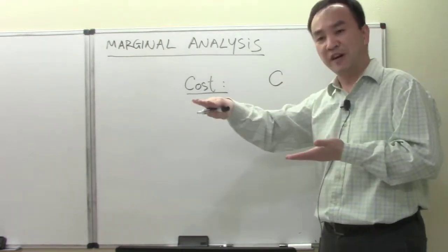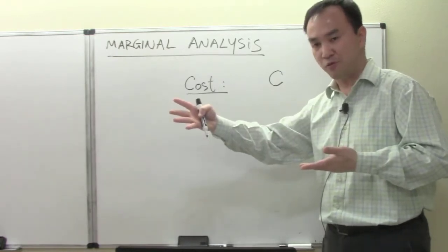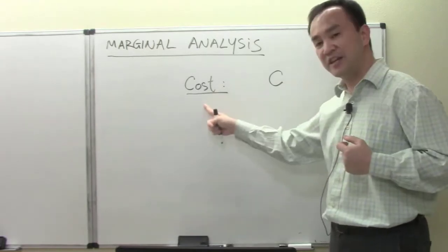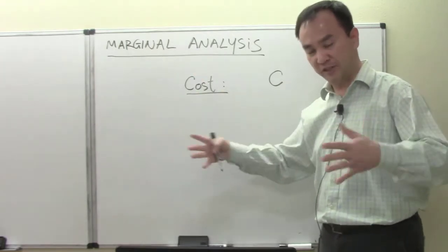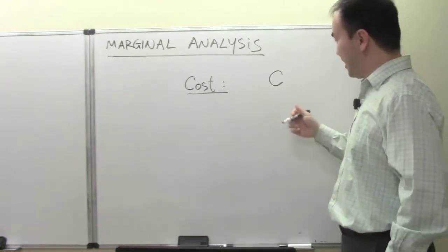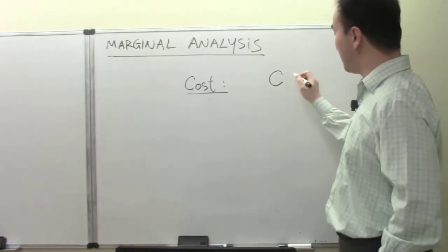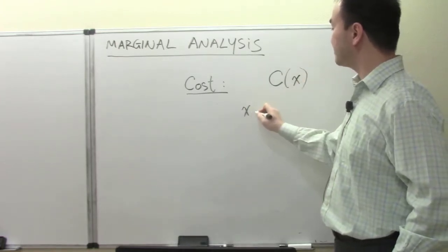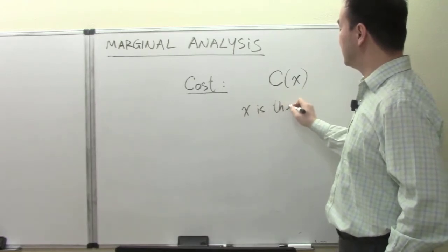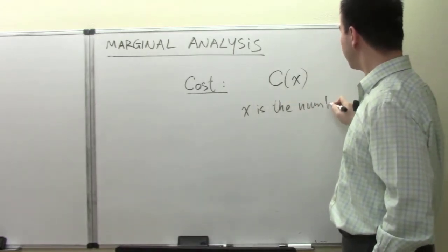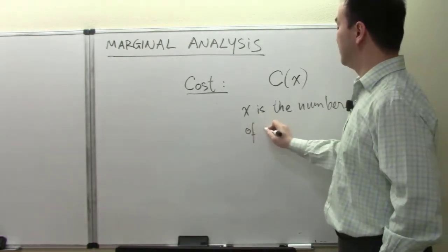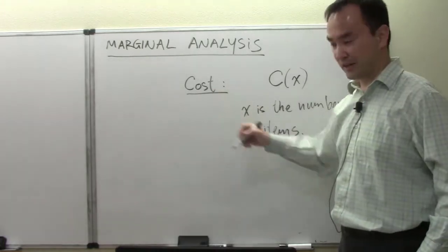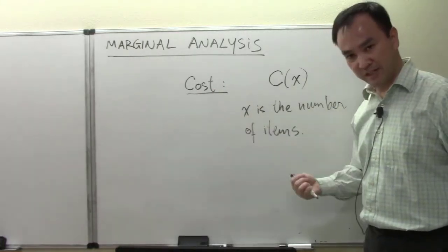Cost should always come first, because we make the product. For whatever business, we start out by having the product. So cost here is how much we spend for our business for making the product. Usually, I'm not saying always, cost is in terms of the main variable x, which is the number of items, the number of products that you are producing to run your business.